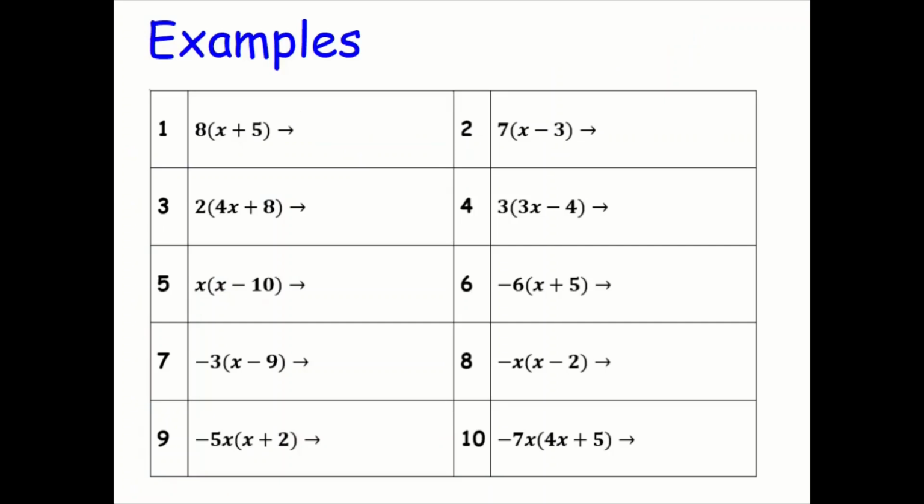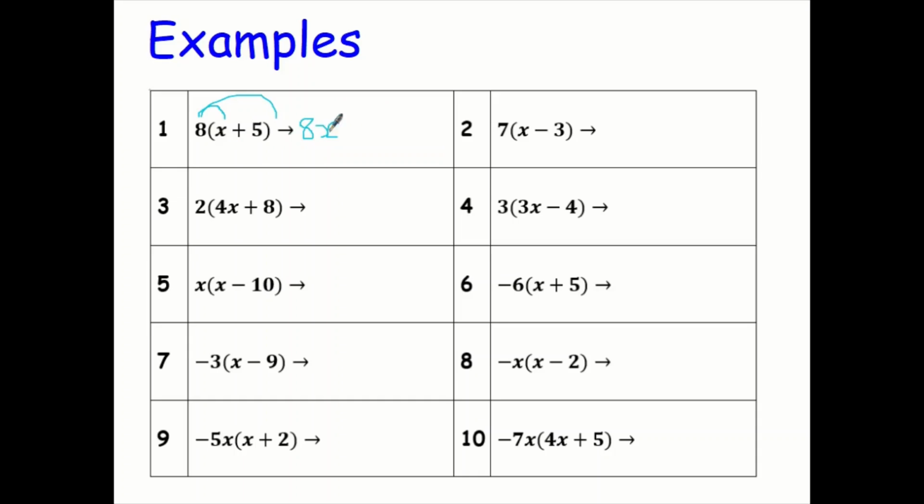Okay, let's do some examples. So remember, we are multiplying the number on the outside by each term on the inside. So 8 multiplied by x is 8x, and 8 multiplied by 5 is 40. But you need to include this sign.